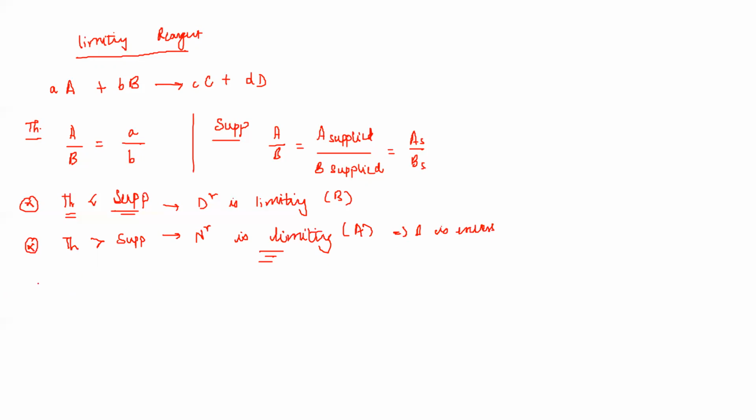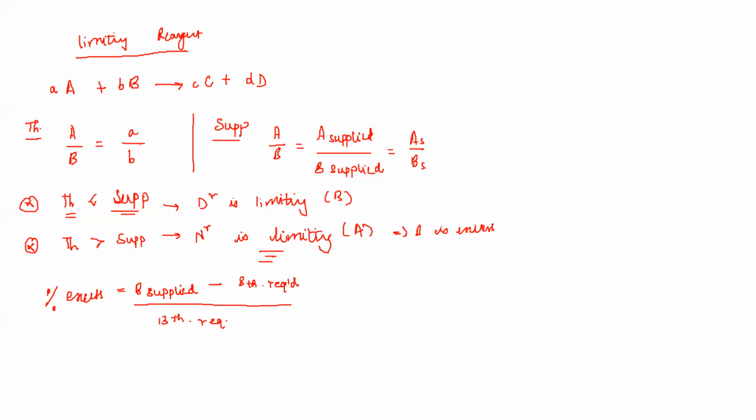In that case, we define another term which is percentage excess. So percentage excess is basically the moles of B supplied minus moles of B theoretically required upon moles of B theoretically required.